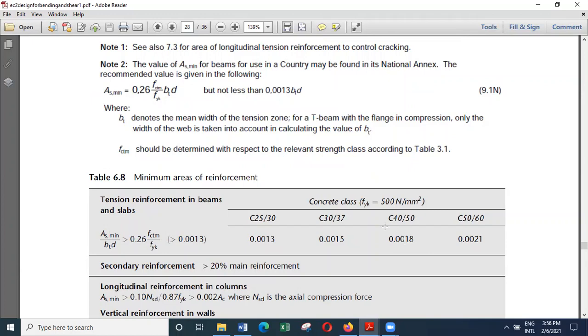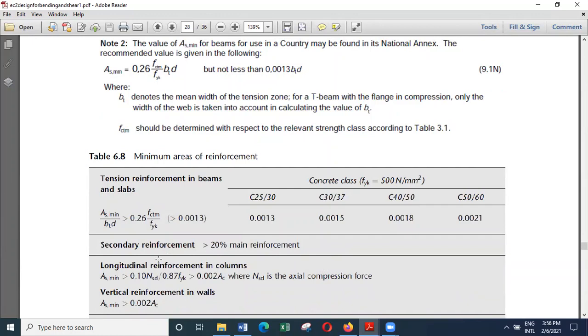And once you find this minimum reinforcement, any secondary reinforcement that you need can be 20% of the main reinforcement.